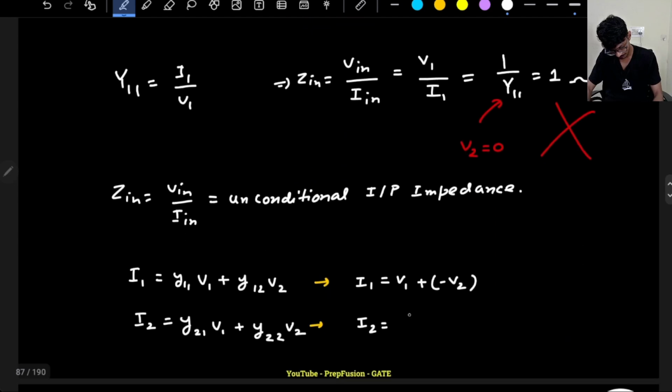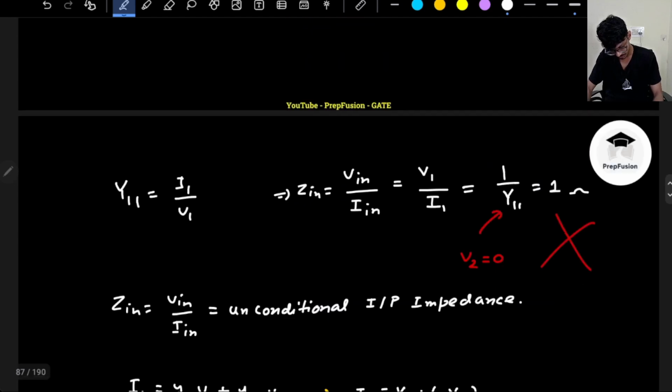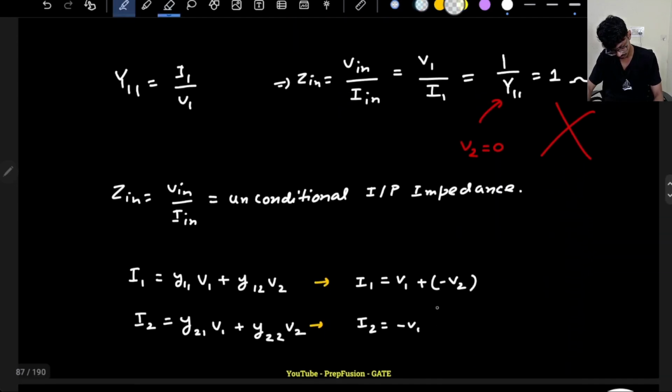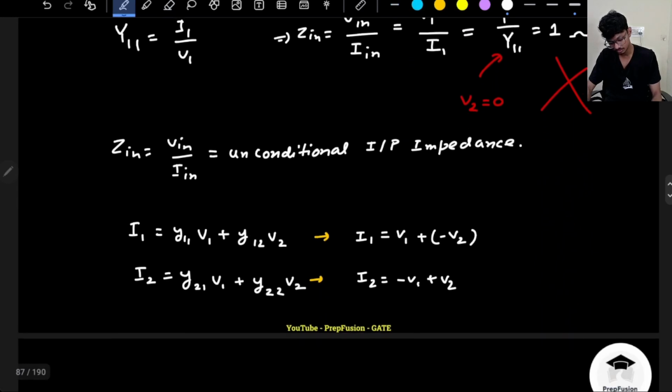I2 is minus V1 plus V2. Okay, so these are my equations.